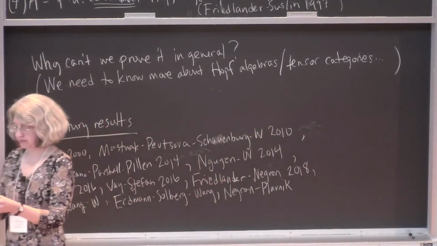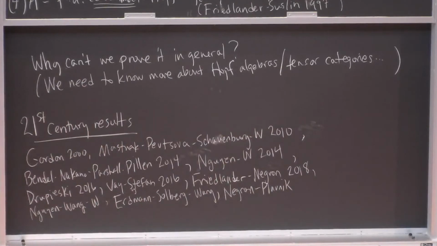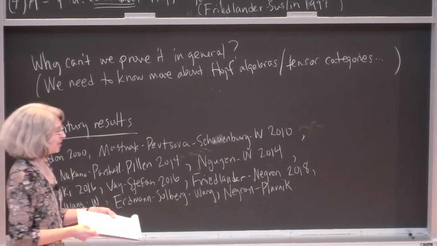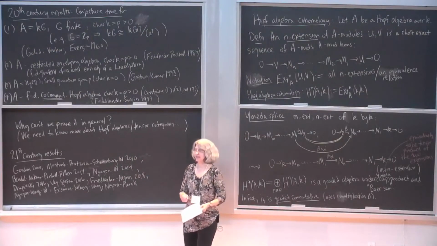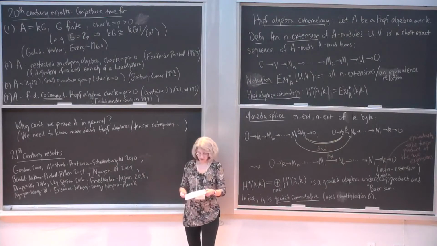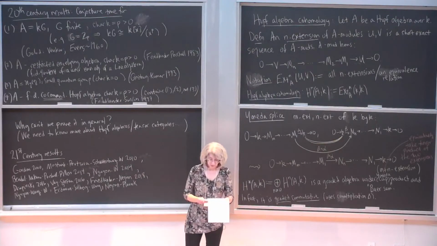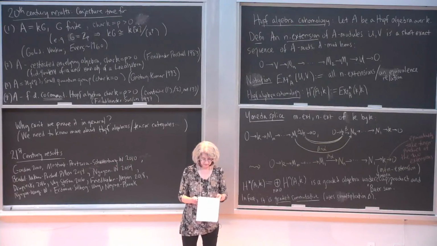So there's probably some people I've left out, but you can see there's a lot of work that's been done very recently, a lot of interest in this, and I hope that more people will become interested, because this probably is going to require a really new idea, right, to really get at the bottom of this conjecture for some types of Hopf algebras, or for all, would be nice.